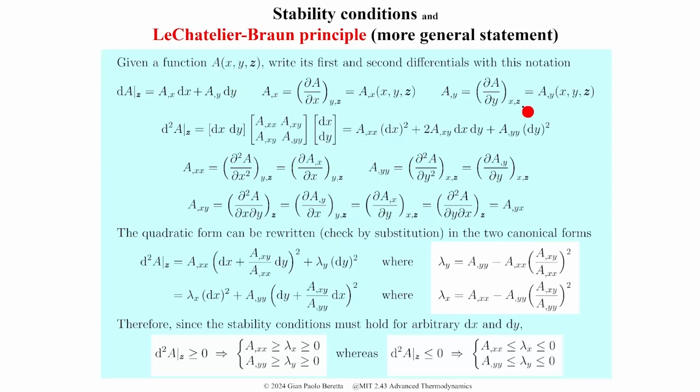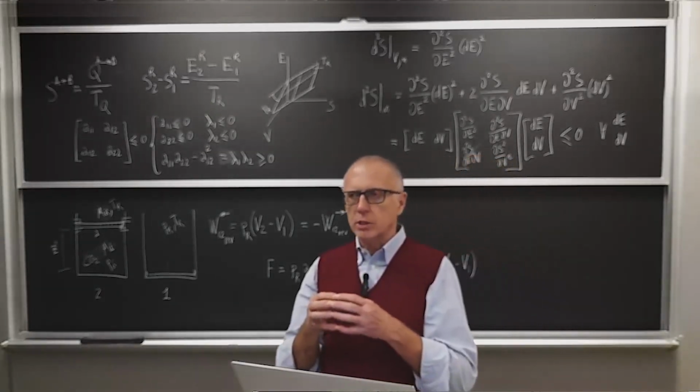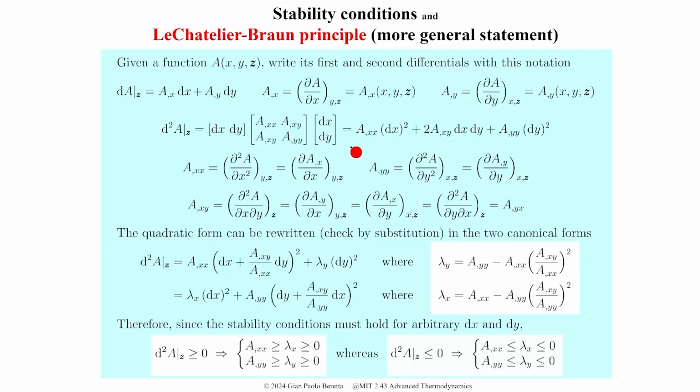And this is the quadratic form that represents the explicit form of the second order differential. Okay, so now that we have a quadratic form, the trick is to put it in the so-called canonical form. Because you see, this quadratic form has a square here, a square there, and then it has a product dx dy. This doesn't have a definite sign.